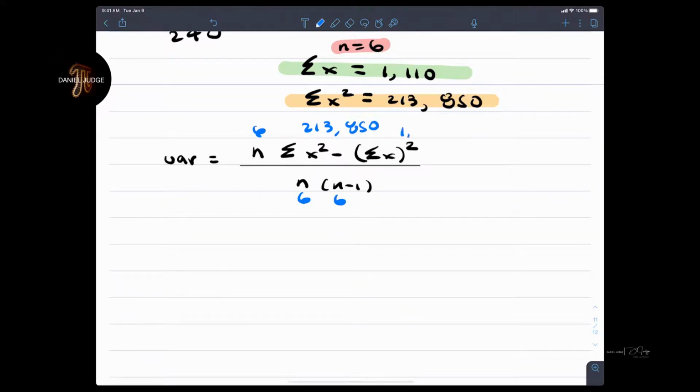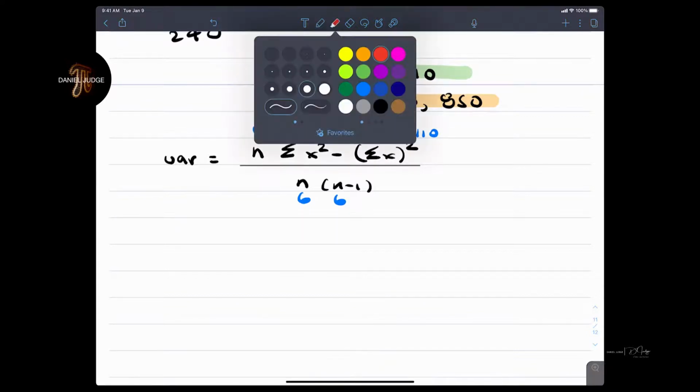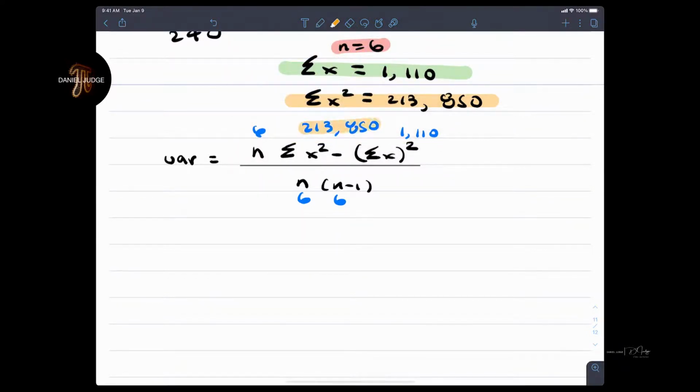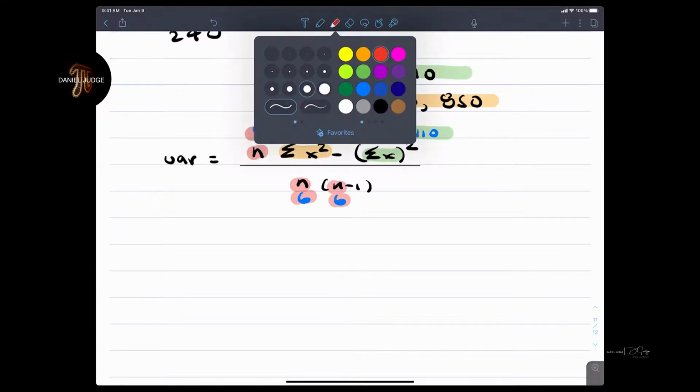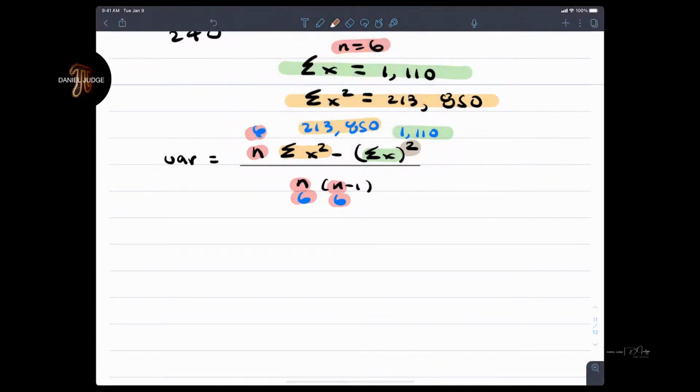And then 1,110. This goes right in here, orange. The green, right in here. 6, here, here, and here. And don't forget, there's a square out here.